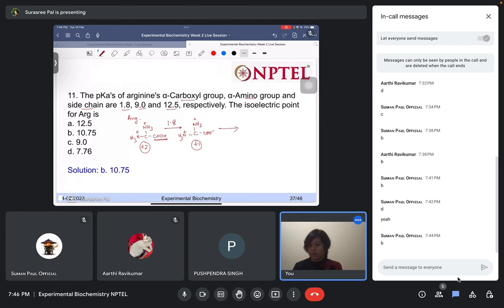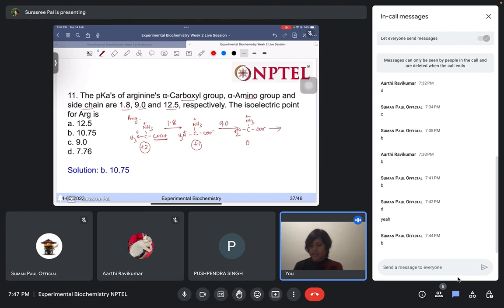Next, at pH greater than 9, the alpha amino group will lose its proton, so it will be NH2, COO-, NH3+. So the net charge will be 0 on this molecule. The pKa responsible for that is 9.